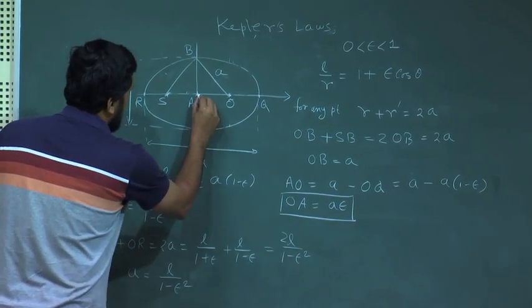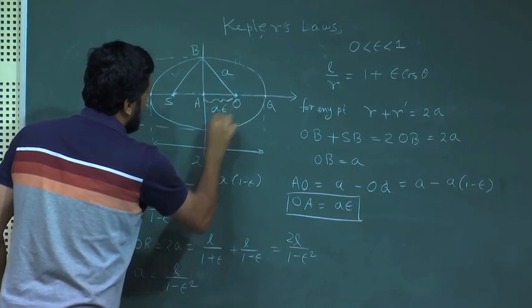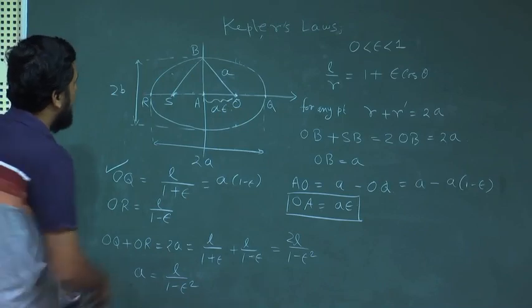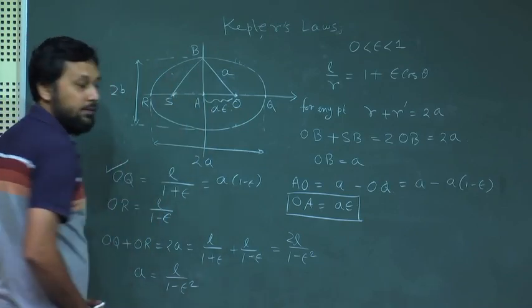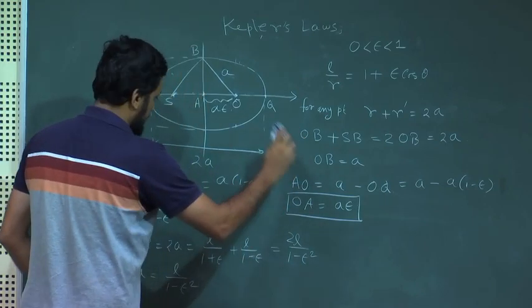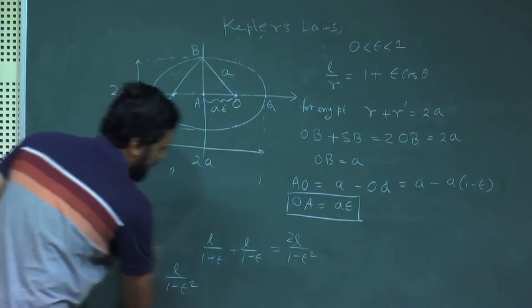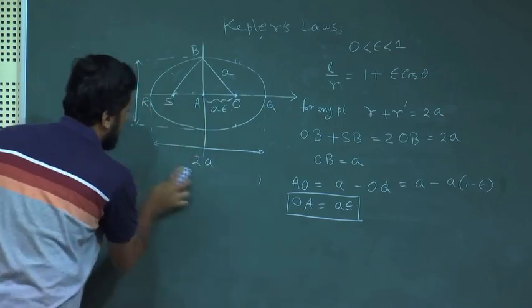So, this length is A, this length is A epsilon. So, finding this length AB is easy, right? That will be simply, okay, so I do not need this part anymore, I just used the calculations we need.